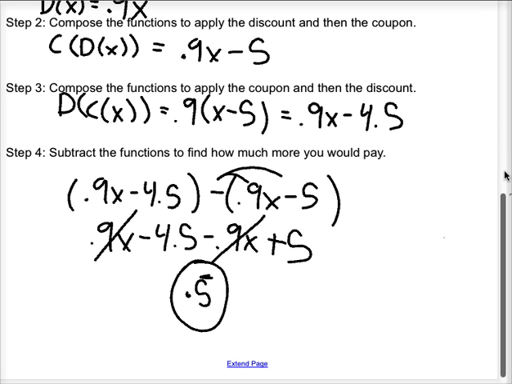You end up actually paying 50 cents more if you apply the coupon first. And if you think about why that would happen, well, because you're losing part of the discount. Because now you're not getting discounted on that $5 you're going to pay. So by losing the discount on that $5, you end up paying 50 cents more.